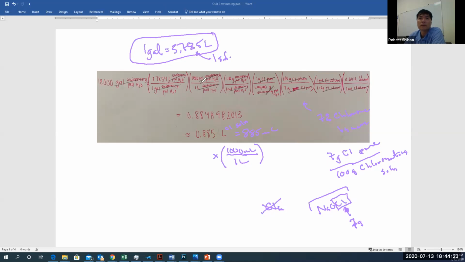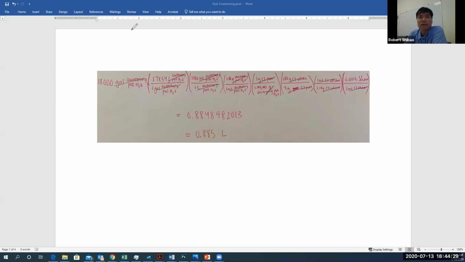Okay, let's look at some of the others here. So this is safe. Although it's a lot of work to have to label everything, it's safe. The problem is when people don't label things, then it's easy to make a mistake. So what you want to do is spend a little bit of extra time to label stuff like this, and that will make it a lot easier to do harder problems.